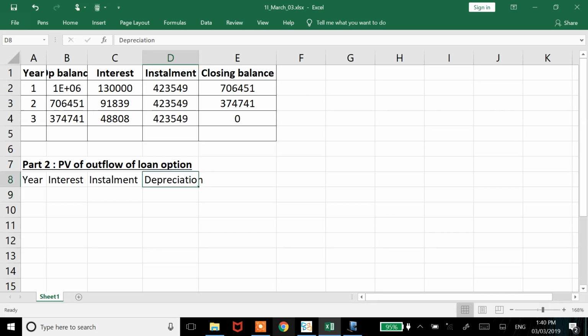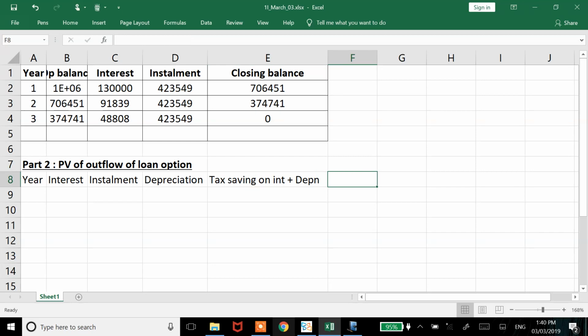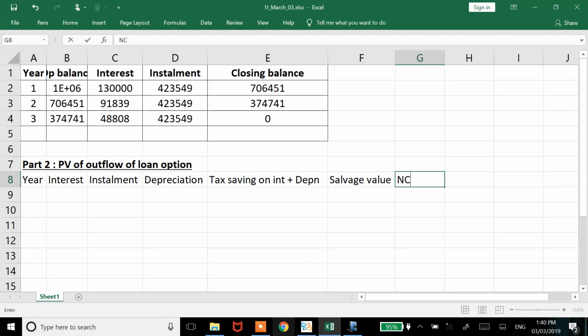Depreciation, tax saving on interest plus depreciation, salvage value, net cash flow, PVF at 12% and DCF.